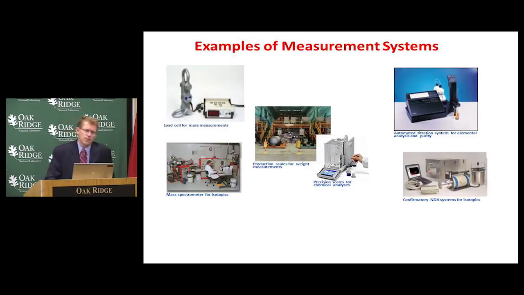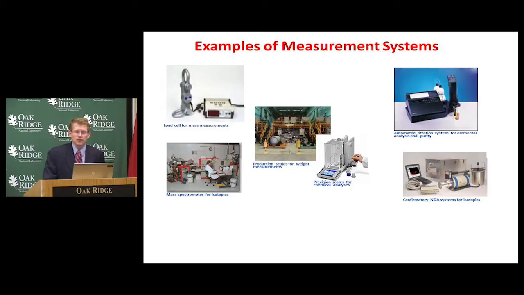So here's a few examples of some measurement systems. The upper left is a portable load cell device for hooking onto cranes so that if items are being weighed, the agency can get a weight value using their own instrument.